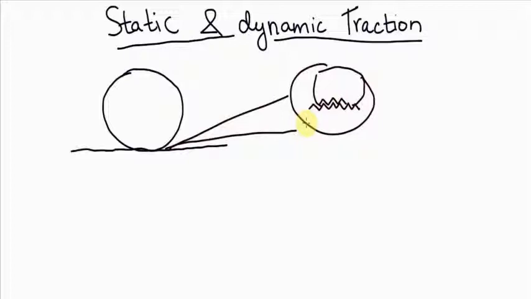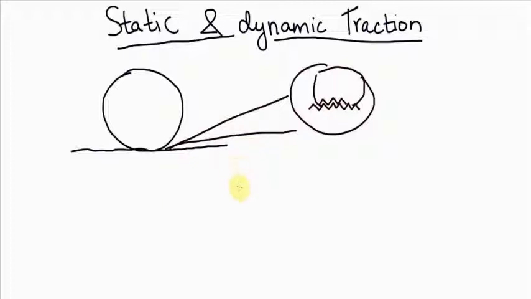Obviously this happens at a very micro level, so it's not visible to the naked eye, but this is basically what traction means. It's the interlocking between the road surface and the tire surface. So here's the basic definition of traction.